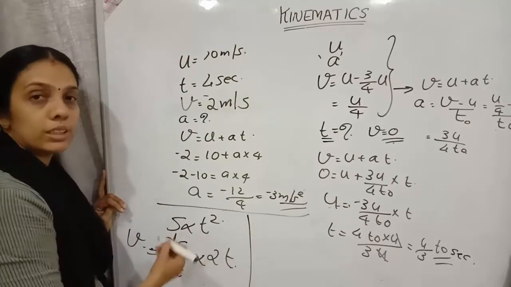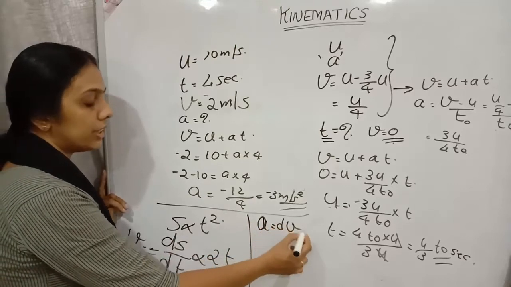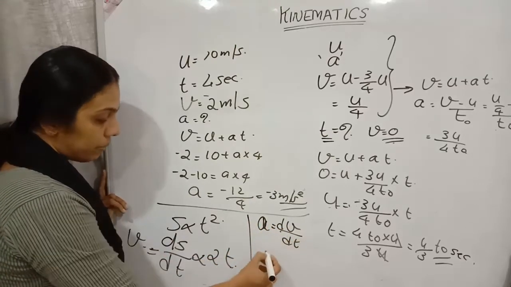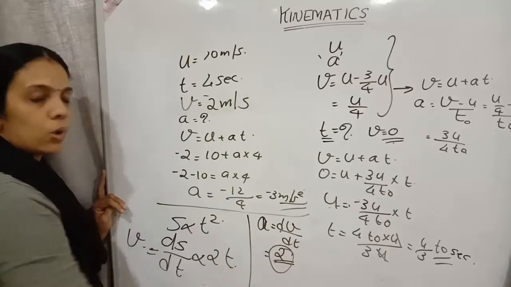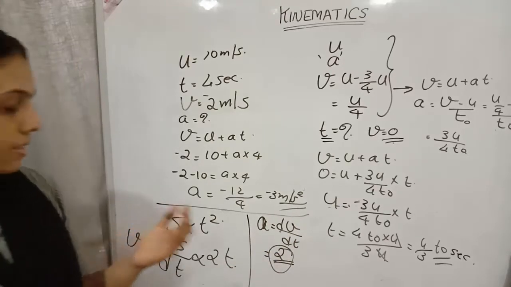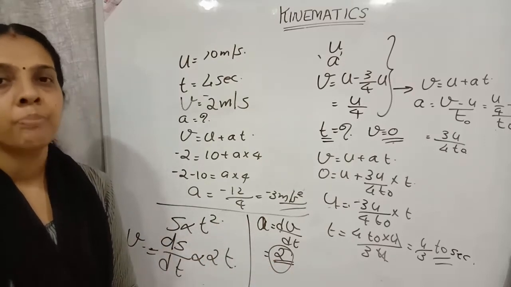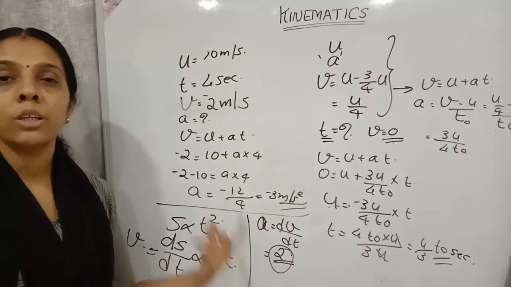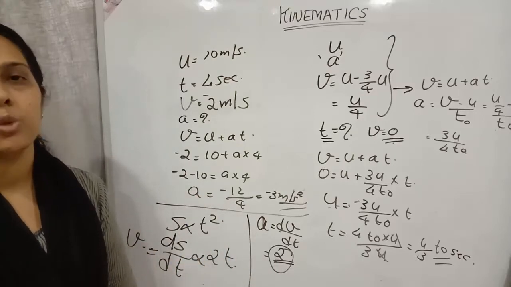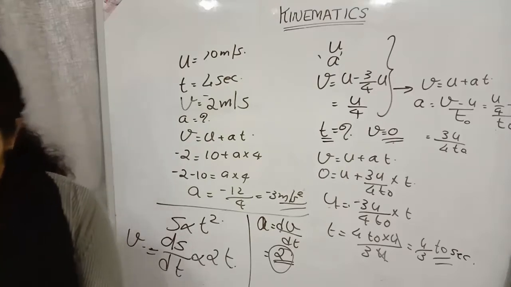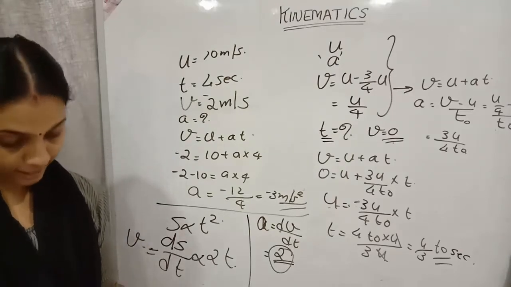If we have velocity, we can find out the acceleration by differentiating the velocity, dv by dt. Therefore, we are getting it as 2. That means it's a constant. It's not a term which is depending on time. So it's constant, and constant means it is moving with uniform acceleration. So here the answer is it's moving with uniform acceleration.